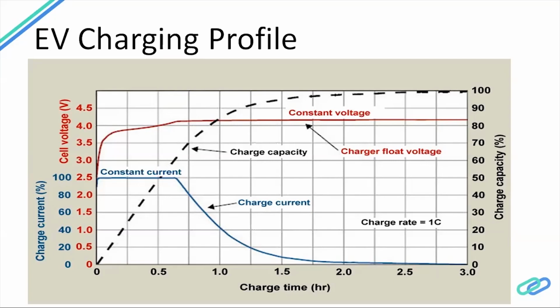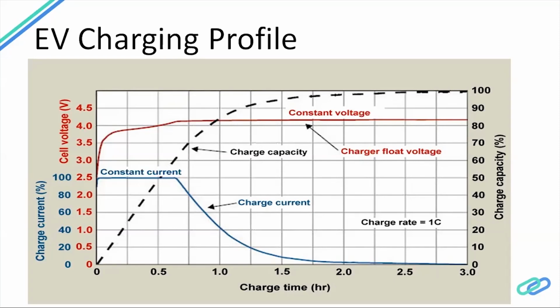Now as soon as the battery voltage reaches 4.2 volts, the profile of the charging changes to constant voltage. After that, you will observe that the voltage of the lithium ion cell is always kept constant at 4.2 volts, and slowly and gradually the current starts reducing.